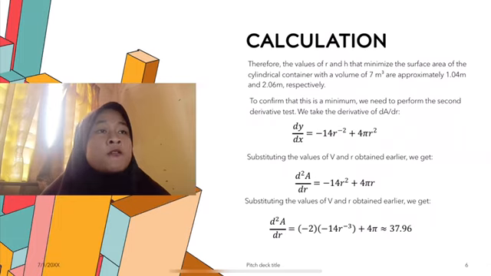Substituting the values of v and r obtained earlier, we get d power of 2 A per dr power of 2 equals negative 2 times negative 14 r power of negative 3 plus 4 pi, we get 37.96.